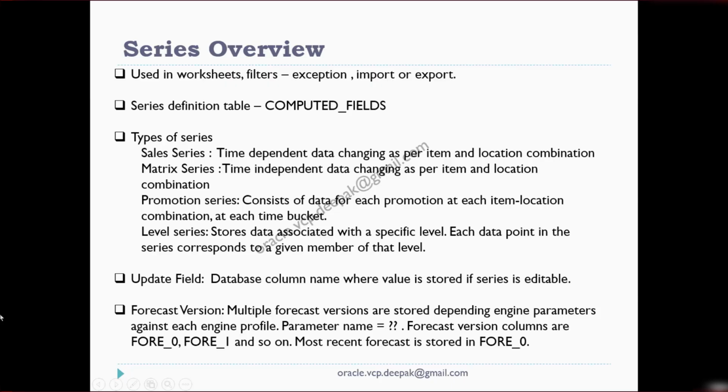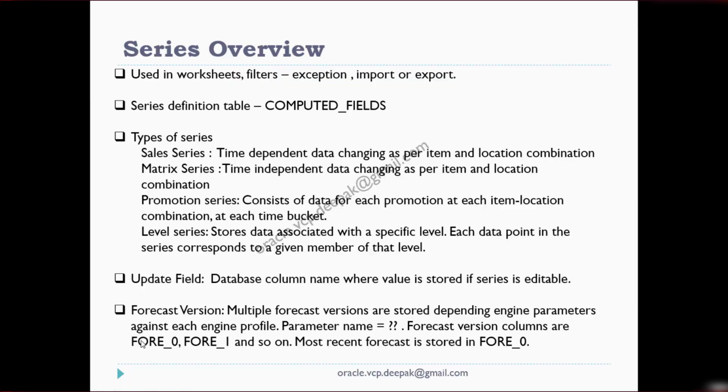When you run the Demantra engine, the forecast goes to FORE_0, to this column. When you run the next time, then FORE_0 data will be archived and moved to FORE_1, and the new forecast will be in FORE_0.